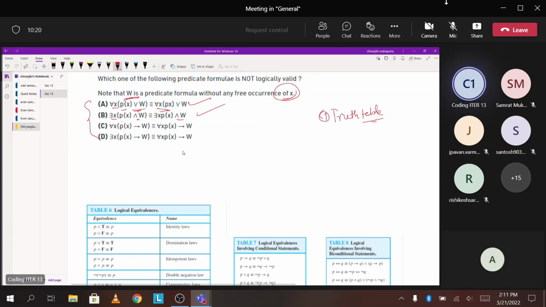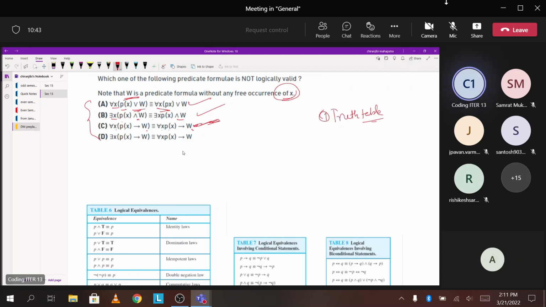Then check the next one. For all x, P(x) implies W, and it is for all x, P(x) implies W. Is it correct? How do we check the equivalences?